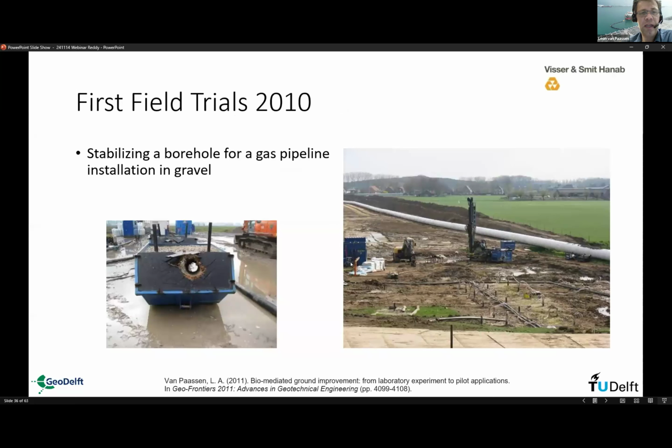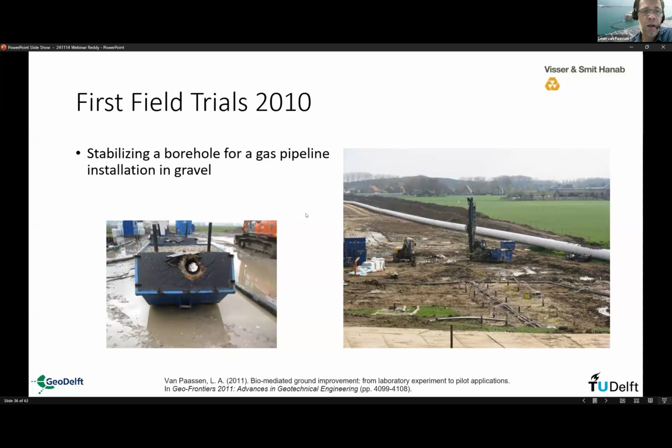At that moment, we had to redo our preliminary experiments and scale up procedure for gravel. But once we showed that we can actually cement gravel and drill a hole through and leave it open, the client and contractor were sufficiently convinced that this method may work as a risk mitigating measure.